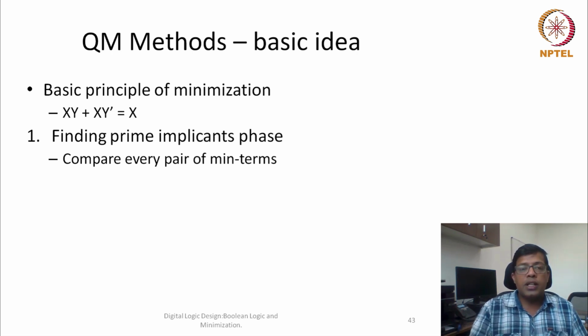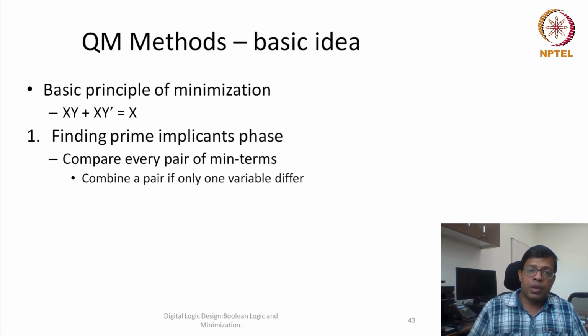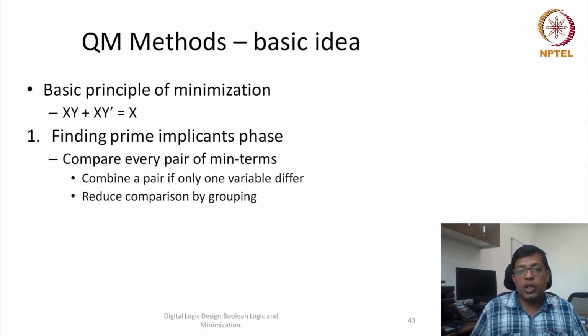Since n into n minus 1 becomes a very large number, a grouping is done. In this grouping, the number of comparisons is reduced. You see that two min terms can be combined only if one variable is different. So if two particular min terms have a number of 1s differing by more than 1, then we may not be able to group them.